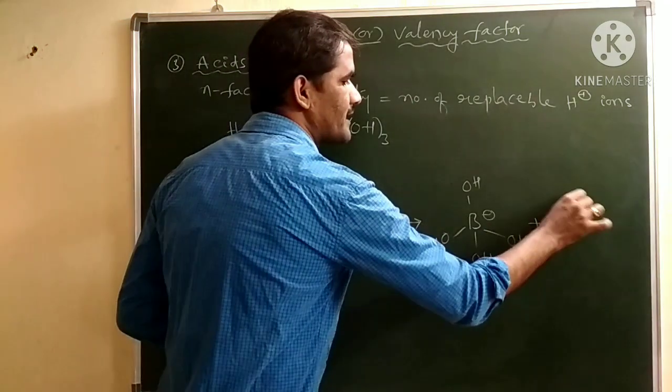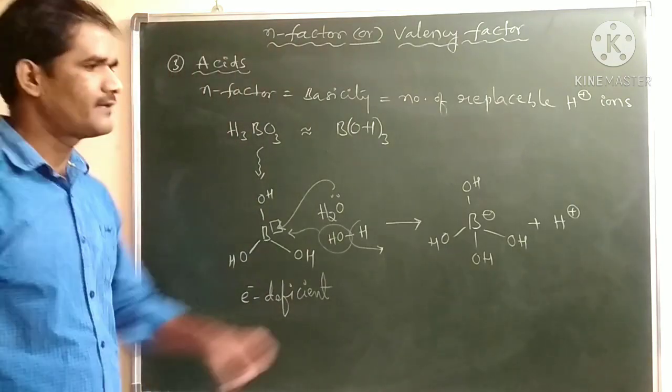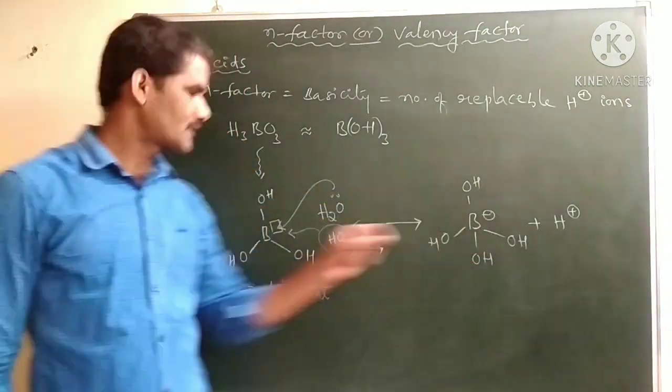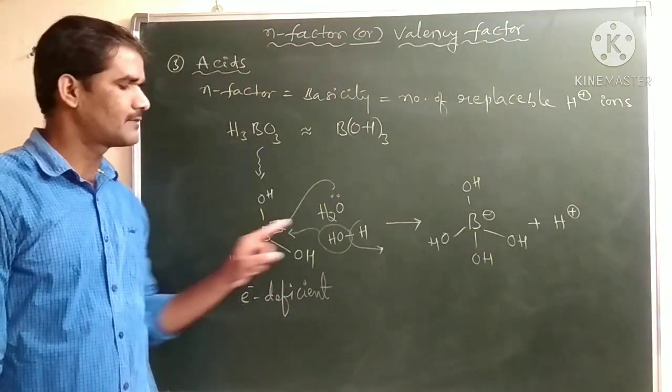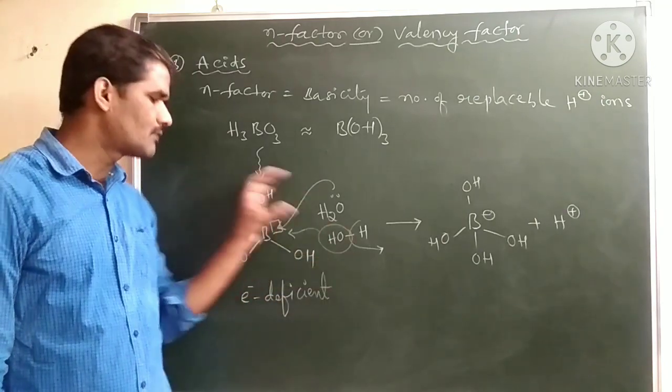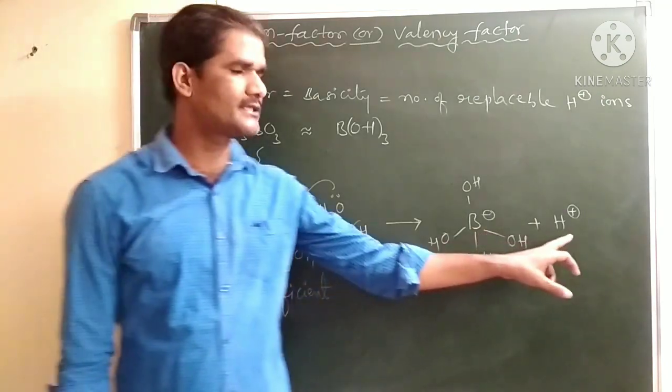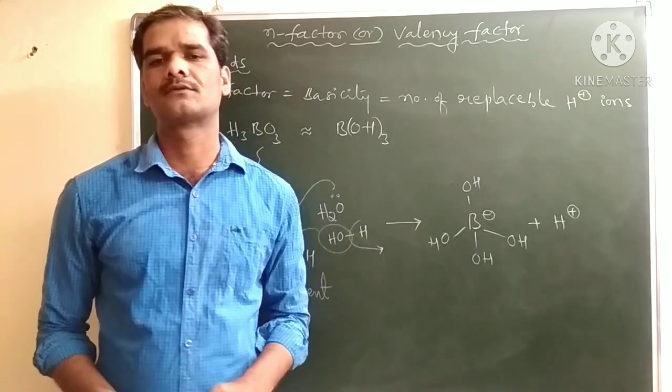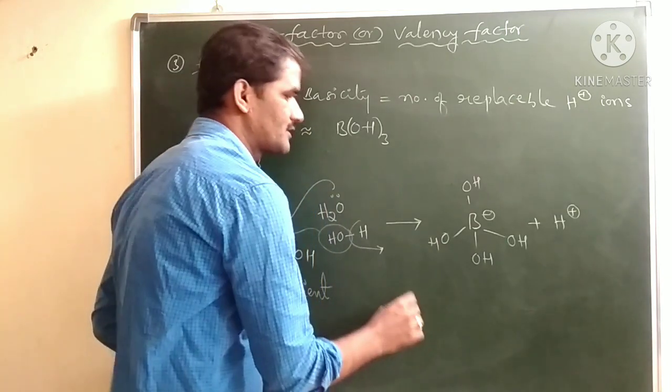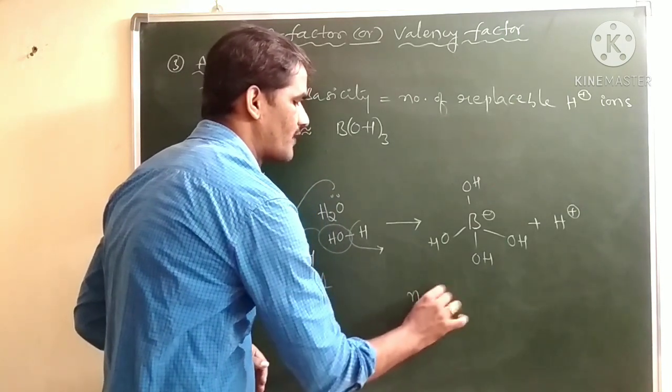Now it releases H plus. From where is it coming? This H plus is not coming from the boric acid. It is coming from water. So overall the molecule releases one H plus ion. So now we can say the N factor for boric acid is 1.